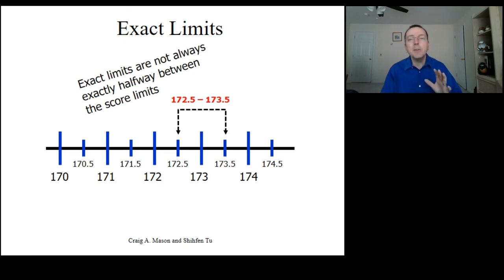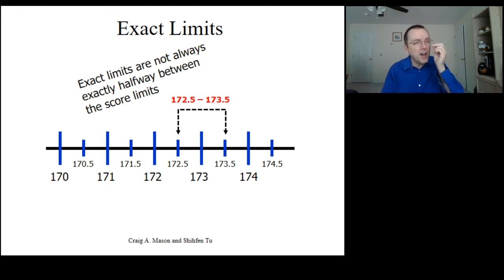Now, exact limits can also vary depending on the specific purpose of the measurement. You might think that something like height would always have exact limits halfway between the score limits. A height of 173 centimeters is probably based on rounded values somewhere between 172.5 and 173.5 centimeters.